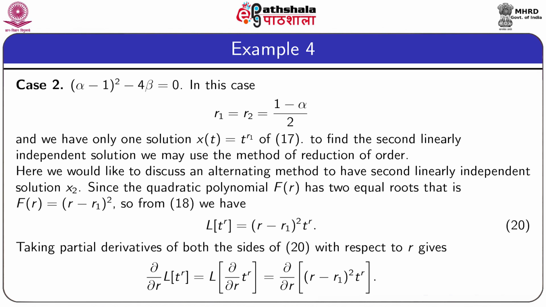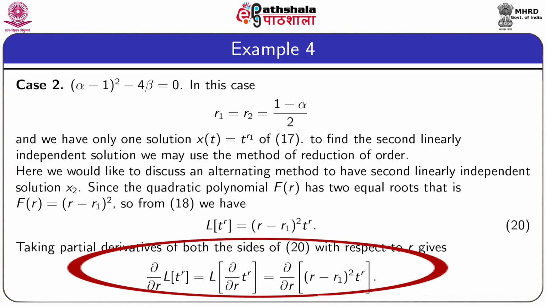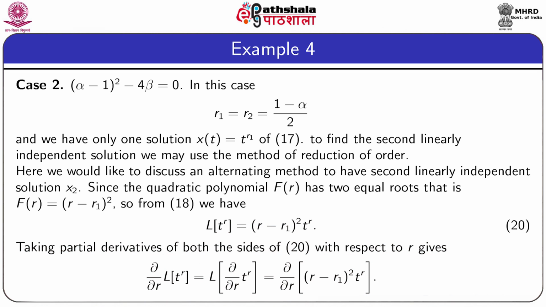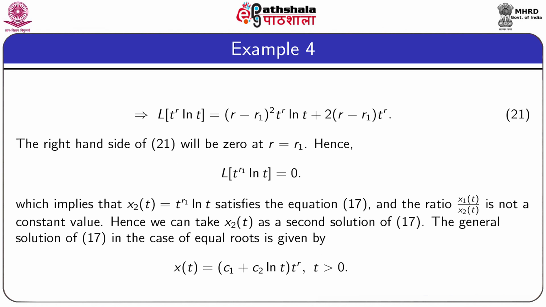Taking partial derivative with respect to r on both sides of equation 20, we will get del/del r of L equal to del/del r of r minus r 1 whole square t to the power r, which will give r minus r 1 whole square t to the power r log t plus 2 times r minus r 1 t to the power r.